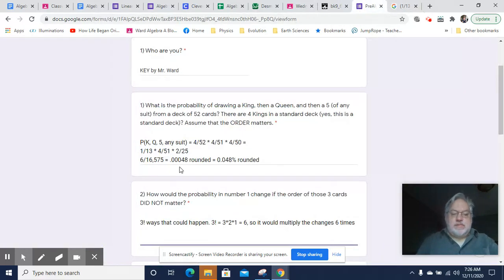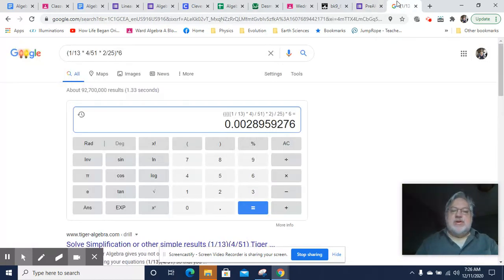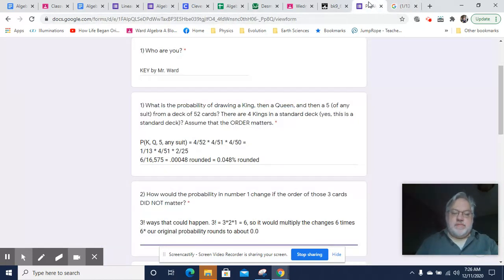So 6 times our original probability rounds to about 0.0029, or 0.29% rounded. Okay, that's a lot larger number.